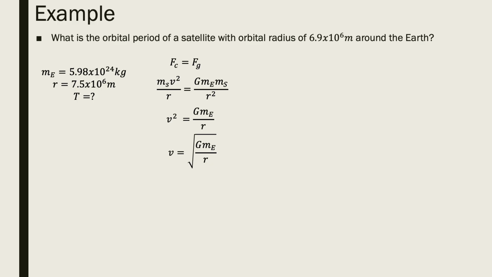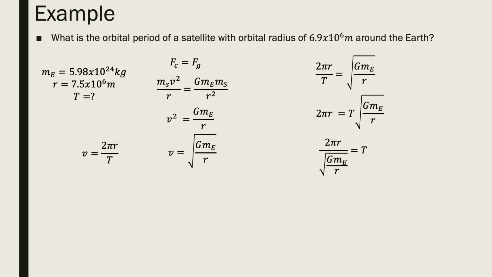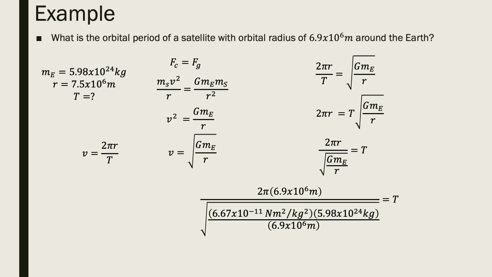Now we know v is just our circumference divided by our period, so we can take that and substitute into our equation. Now we're trying to solve for our period, so I'd multiply both sides by it to get out of our denominator, and then divide both sides by the square root. At this point, substitute our values in, and we get 5,700 seconds.